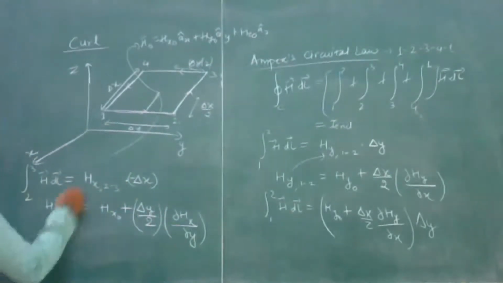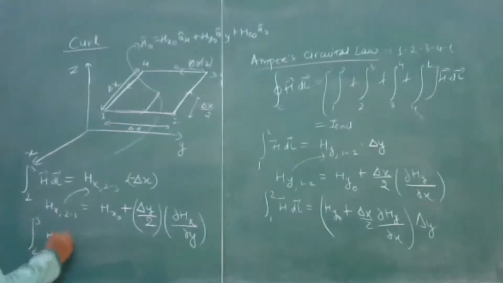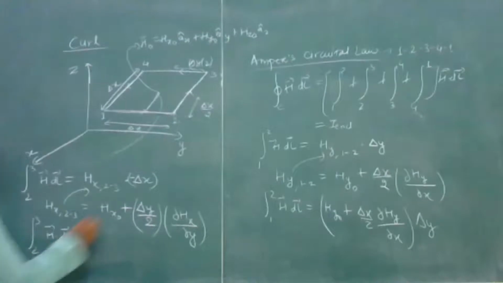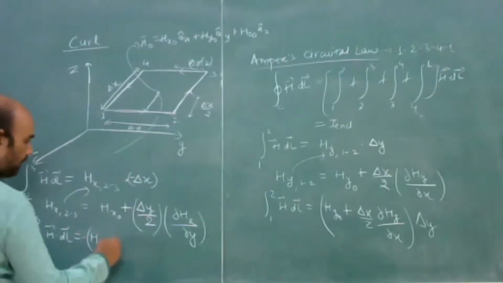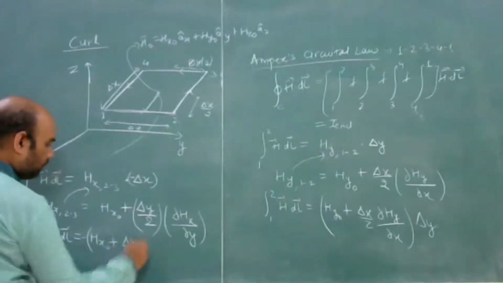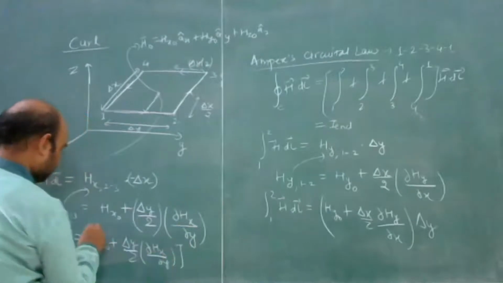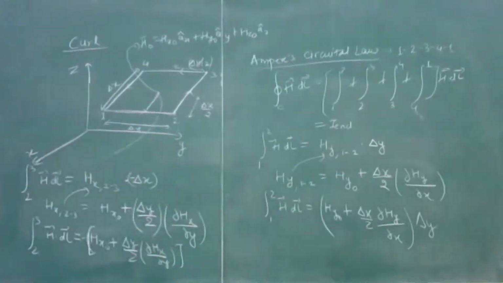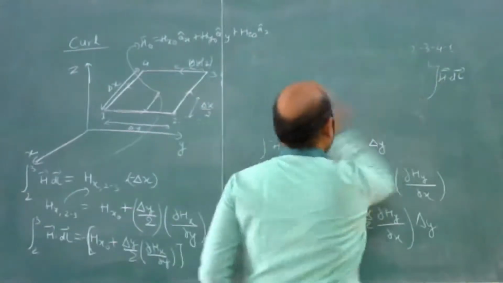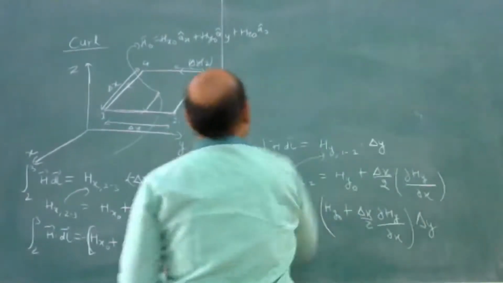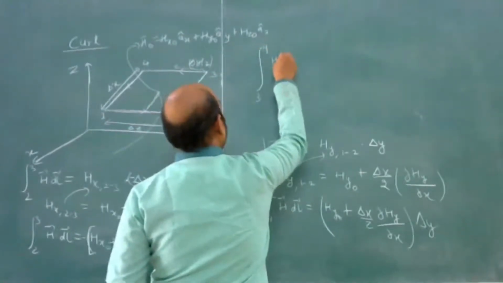So substituting here, from 2 to 3, H dot dl will be equal to negative Hx naught plus delta y by 2 del Hx by del y, times delta x. Then similarly we can find the value of the integration from 3 to 4, H dot dl.